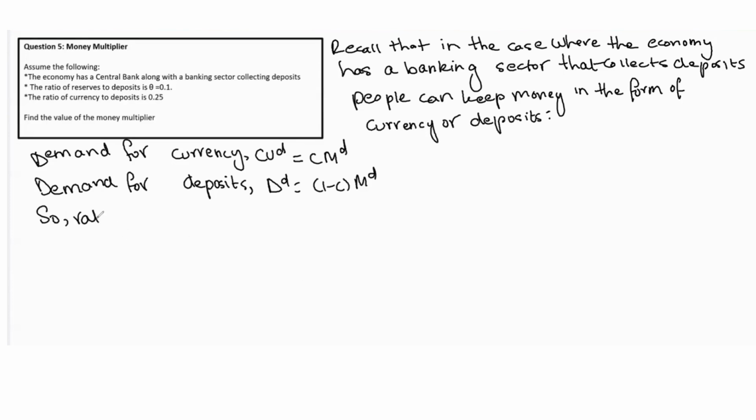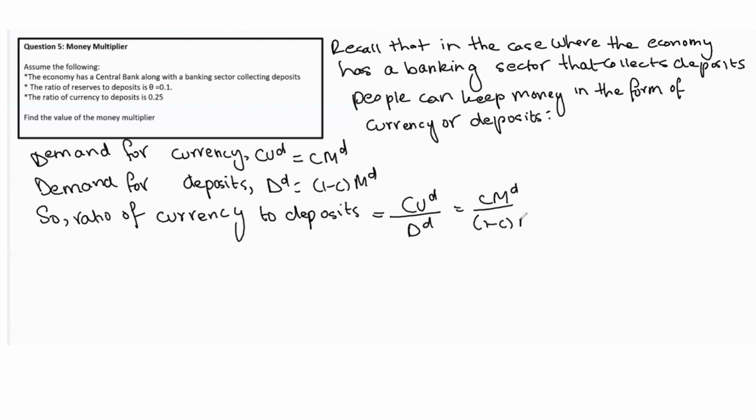So the ratio of currency to deposits is CUD divided by DD. So it's c times MD divided by (1 minus c) times MD, which equals c by 1 minus c. Now we know that c by 1 minus c is 0.25. So the key to remember is this 0.25 is not c, it's c by 1 minus c.